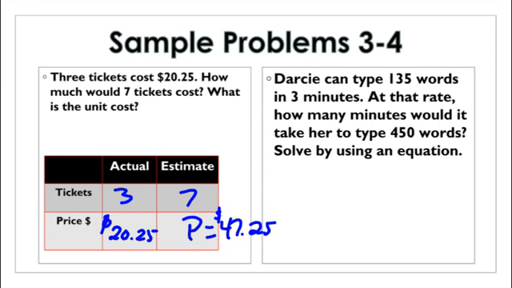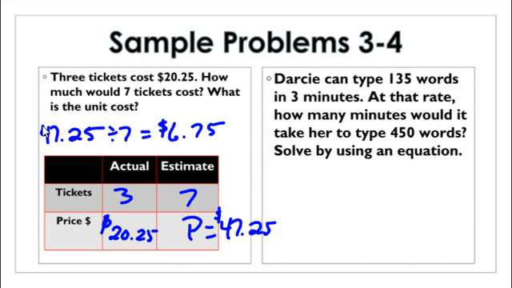So I could take my $47.25 and divide that by 7, find out what each ticket was, and now we get $6.75. I could have also done the same thing with the $20.25 and divided by 3, and I would still get $6.75.